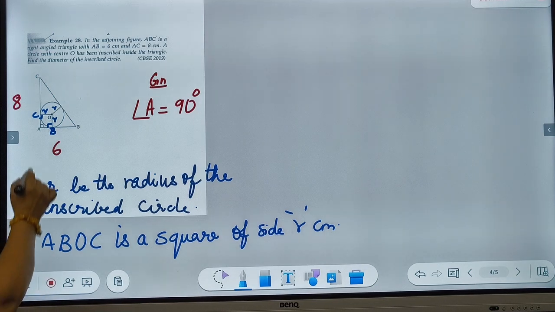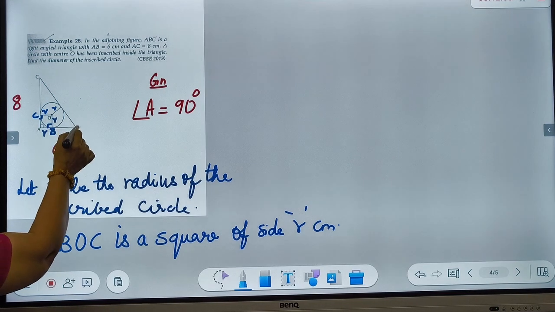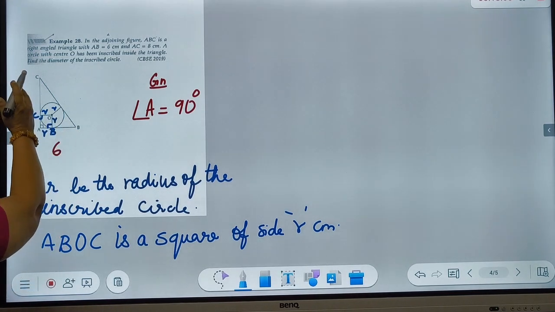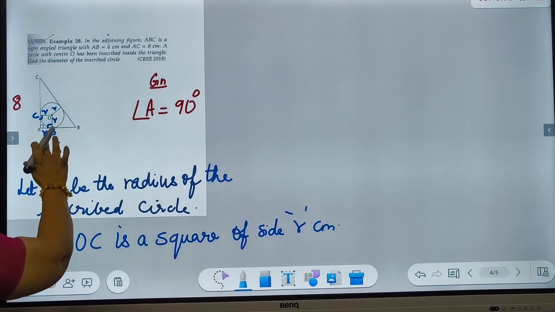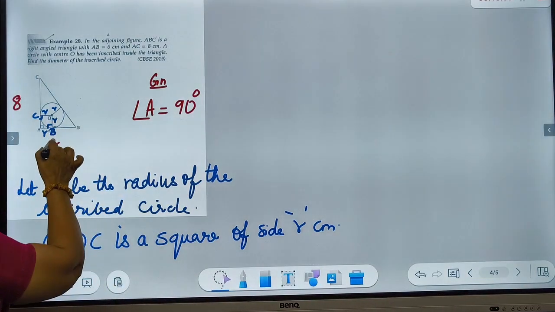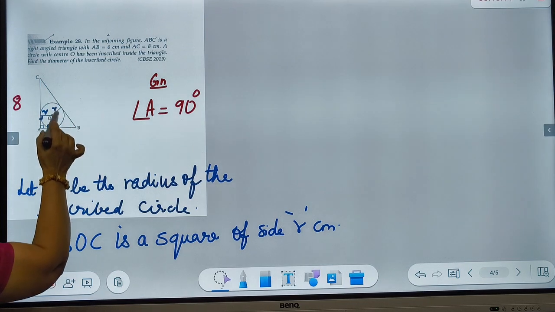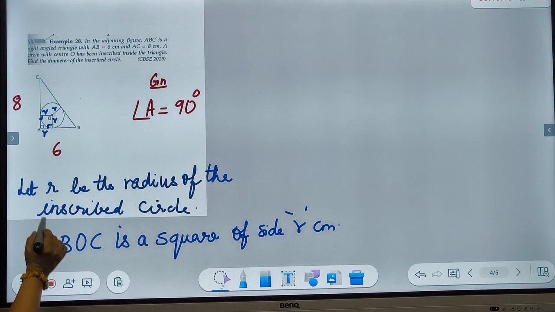Okay. Now, this is also R. Already there is B here, so I'll change the names.